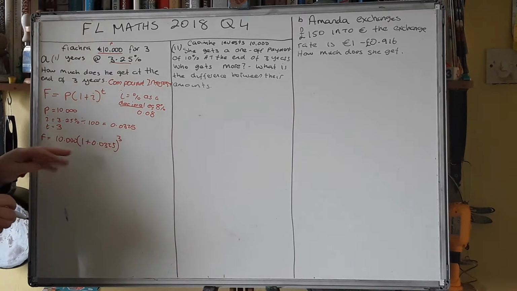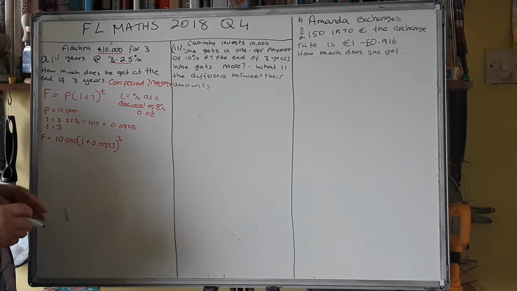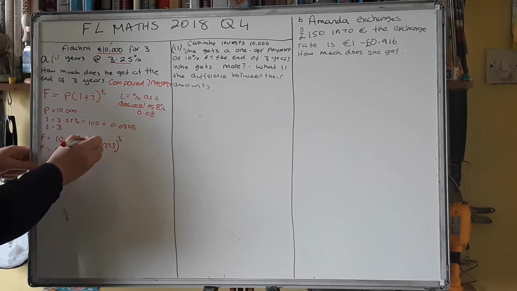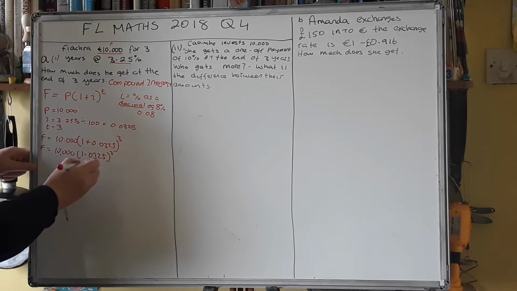You should be able to put that as it is straight into your calculator and get the answer. Just type it in exactly as you see it. But for the purpose of this, I'm going to break it down a bit. So F equals 10,000 times 1 plus 0.0325, which is 1.0325, to the power of 3.